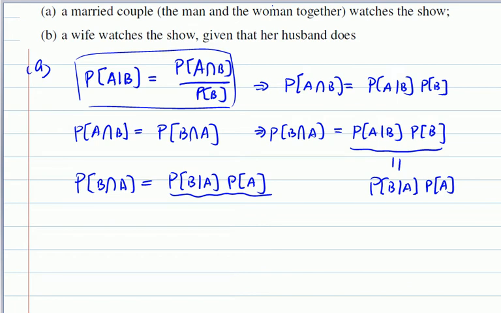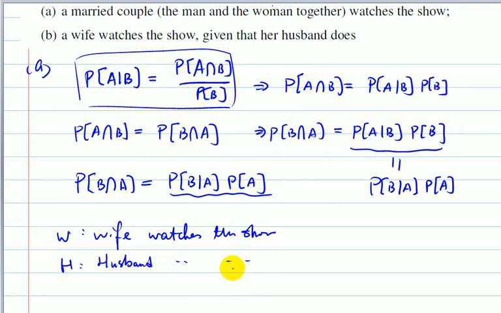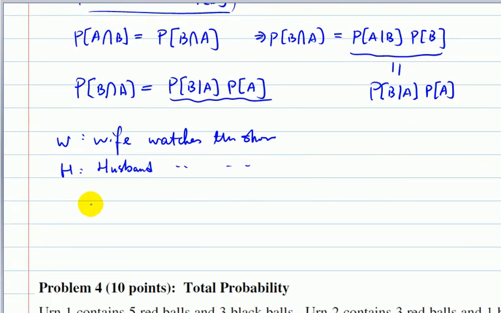So now let's get back to this question. What are we looking for here? The first question is, what's the probability the married couple watches the show together? Let's say I use W to represent the event that the wife watches the show, and H to represent that the husband watches the show. Then the first question becomes easy.